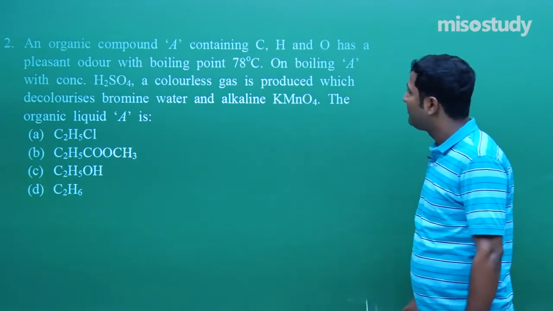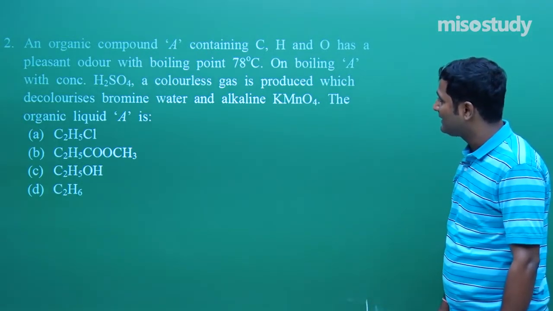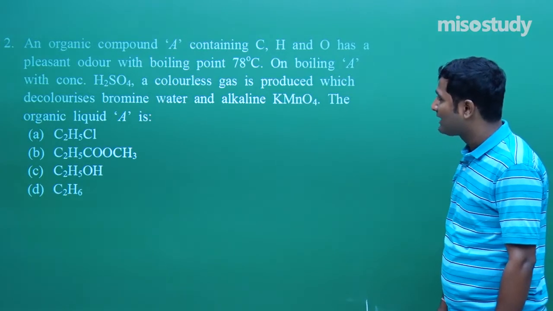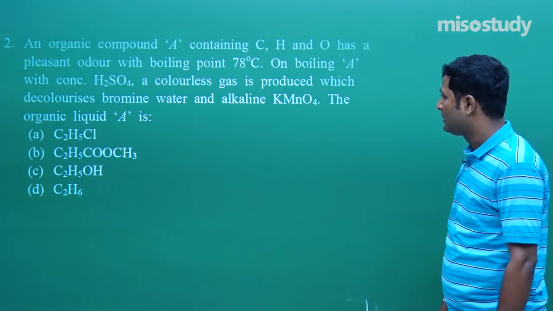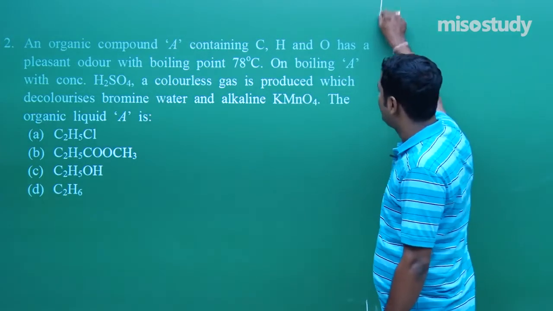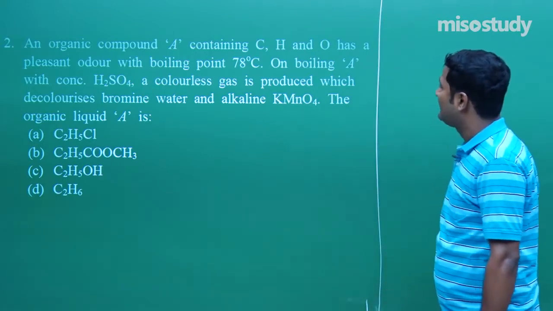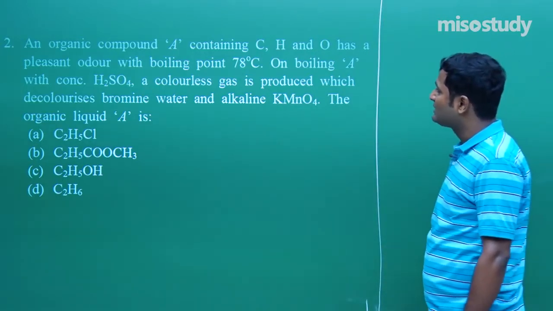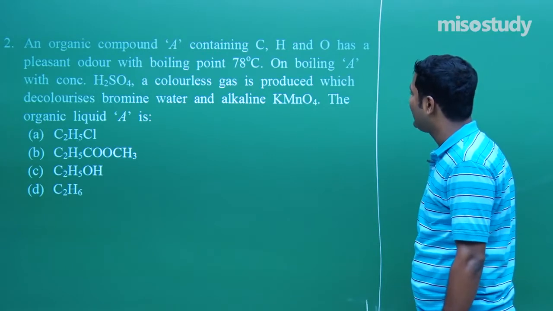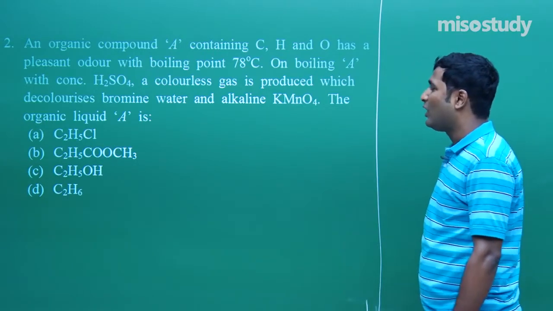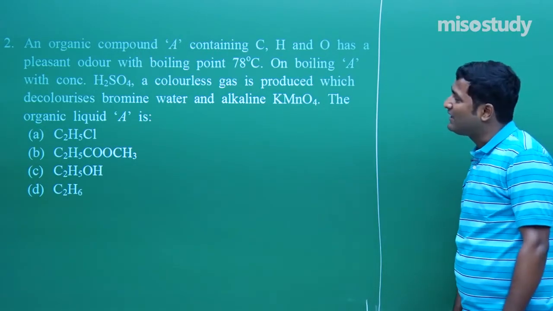On bubbling A with concentrated H2SO4, a colorless gas is produced, which decolorizes bromine water and alkaline KMnO4. The organic liquid is very simple.